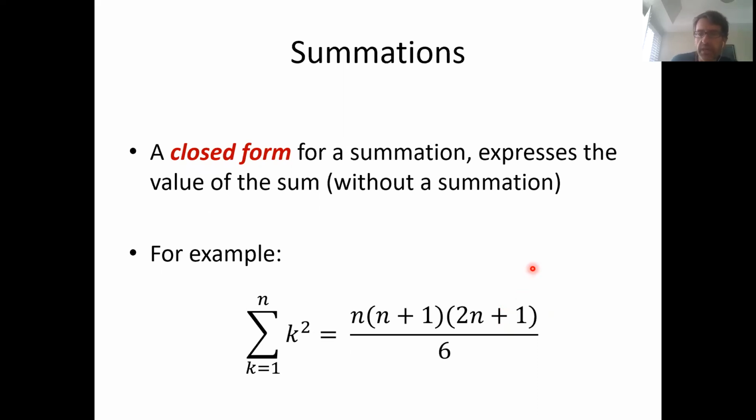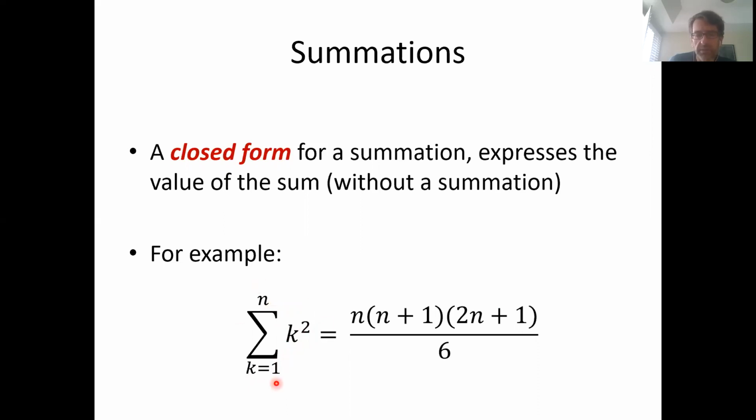So here's an example of a closed formula for this summation, the one I used all this time, which is a summation of the sequence whose kth element is k squared. So it's a sequence of squares, and here I have a summation of elements in the sequence.